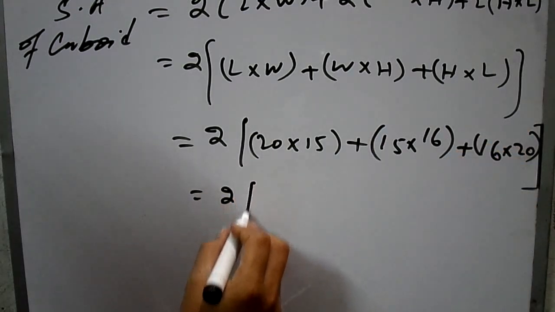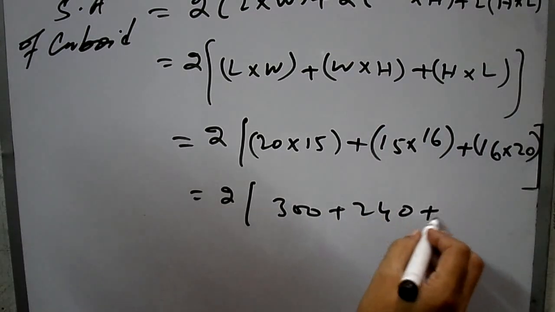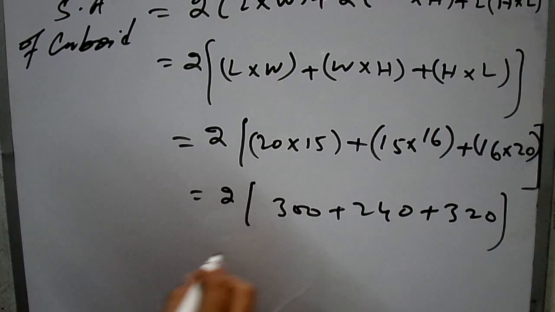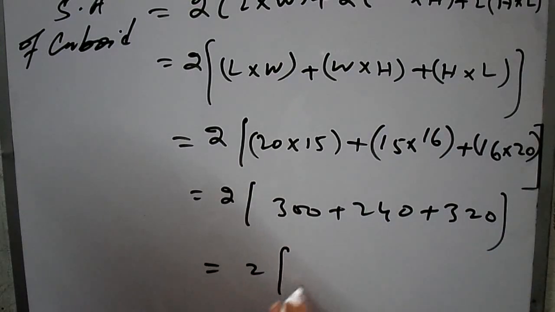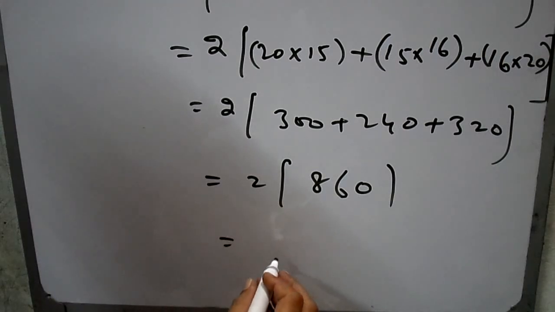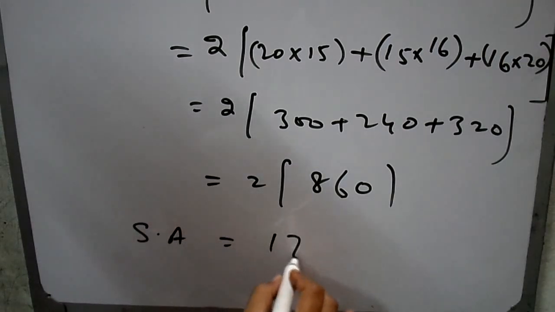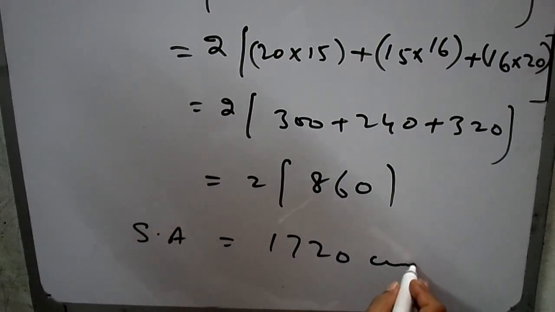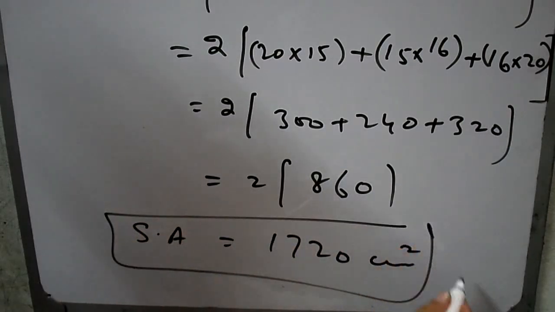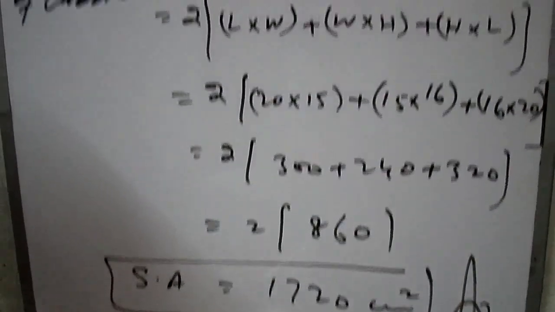So after simplification and multiplication, the surface area will be 1720 centimeter square. So that is your result.